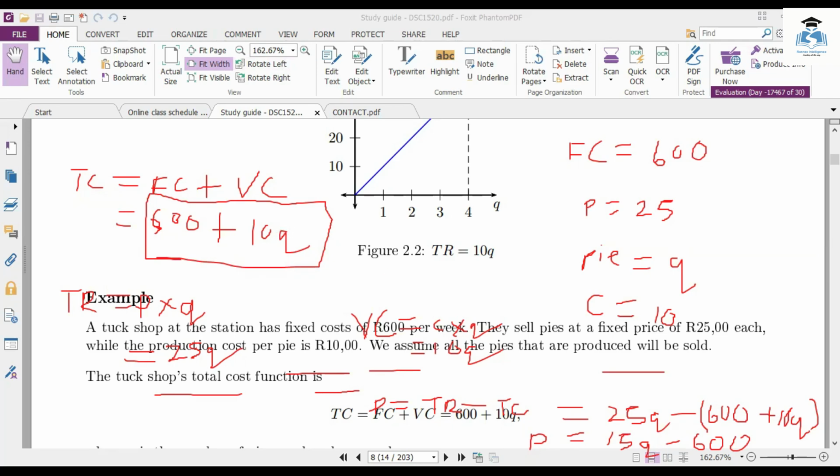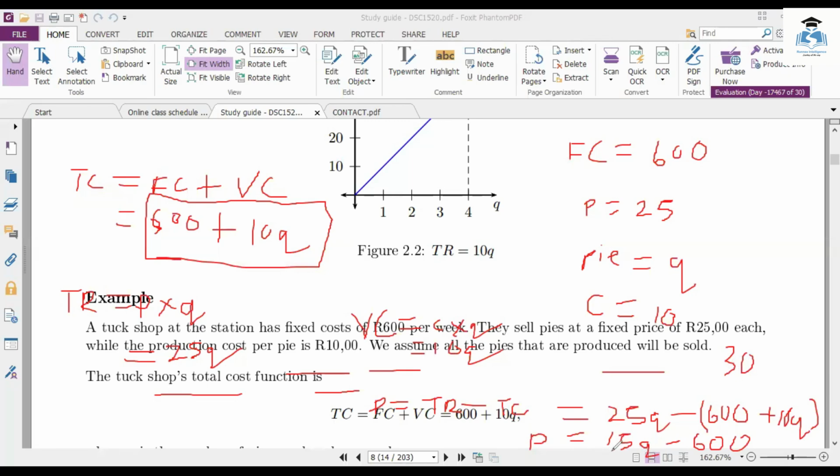So here, if the question says calculate the profit, and probably after they have produced let's say 30 products, or 30 pies, according to this, now if you want to know the actual profit, you need to substitute this quantity of 30 where there is Q here.